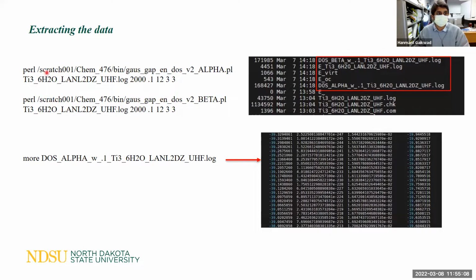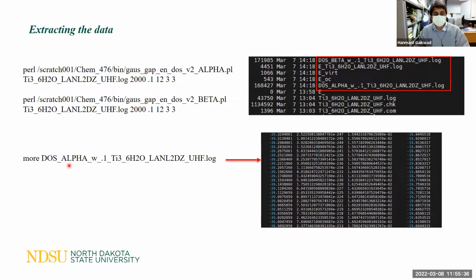So here we use the perl command to extract the data from the output file which we generated based on the Gaussian calculation. Here we extracted data for the alpha orbital as well as for the beta orbital. So once we generated the extracted data, we see the different output files for the density of states, for the energies. To visualize the output files, we use the more command.